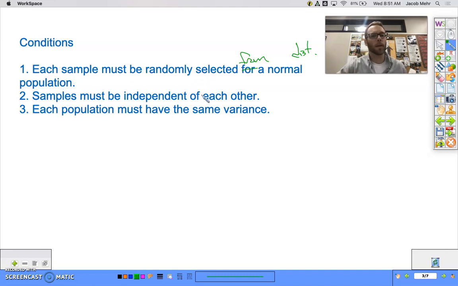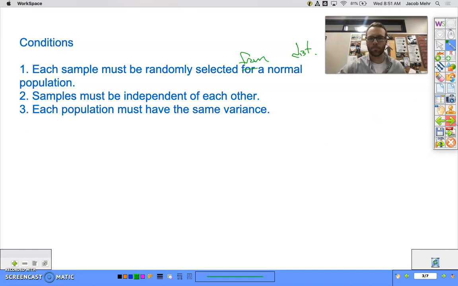The samples must be independent of each other. Each population must have the same variance. That's also important. Thinking back to what we learned in the previous section, we know how to test if populations have the same variance. So if we don't know that, we could run our tests from our last section to determine if the variances are the same.